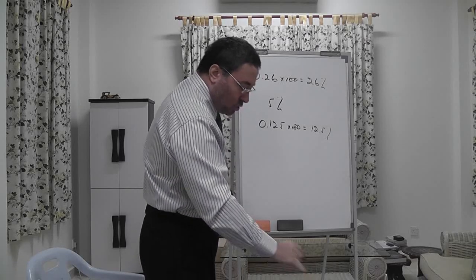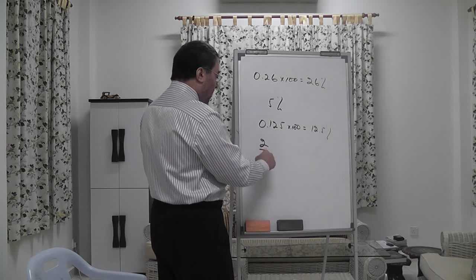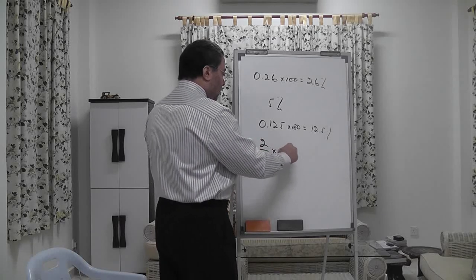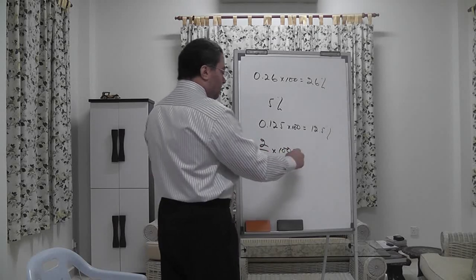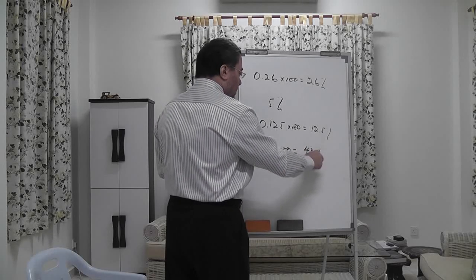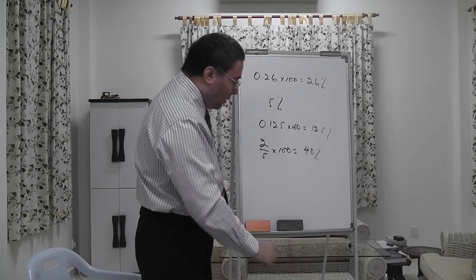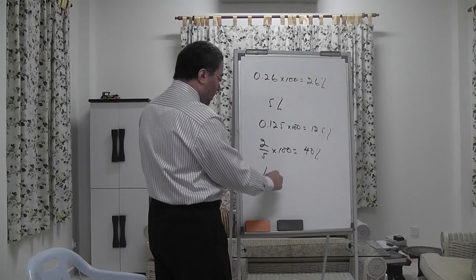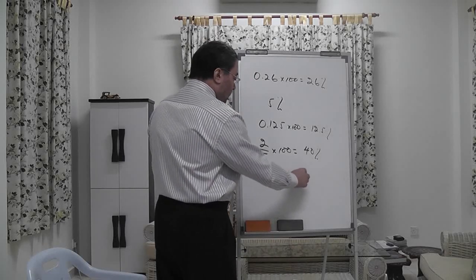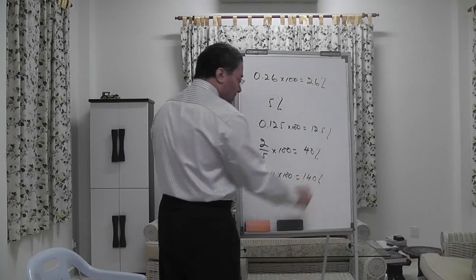Number 11, 2 over 5. Again, that's times 100. 200 divided by 5, and that's 40%. Number 12, 1.4 times 100, and that's 140%.